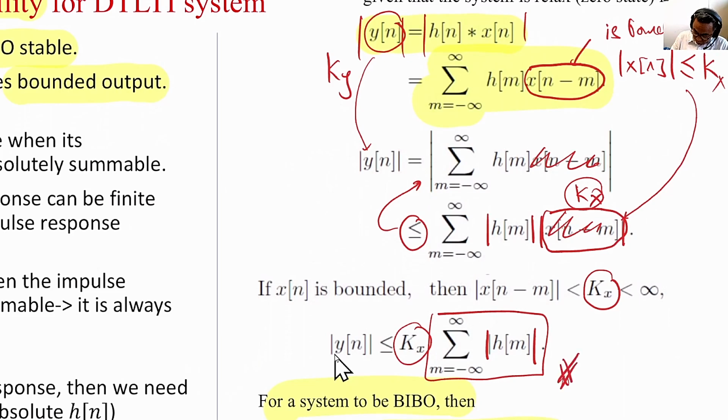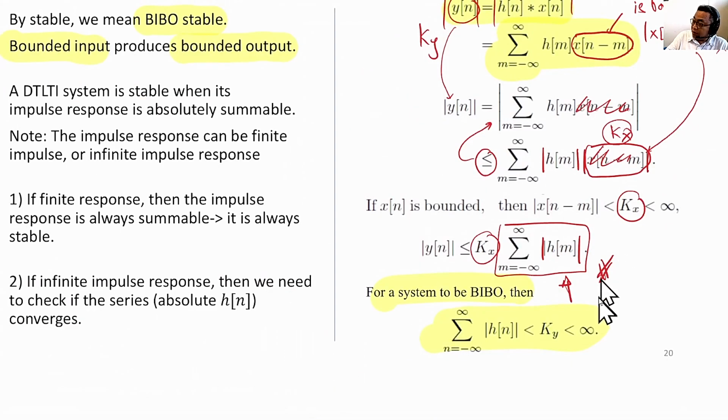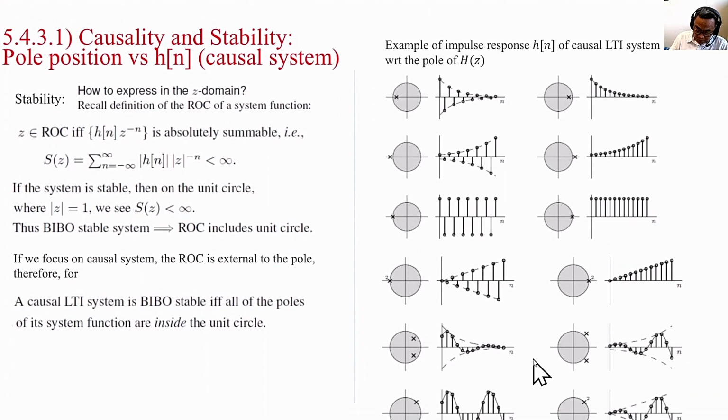And hence, to prove whether the system is BIBO or not, all we need to do is to check this condition. In the next slide, I will show you how to study this from the pole and zero diagram.